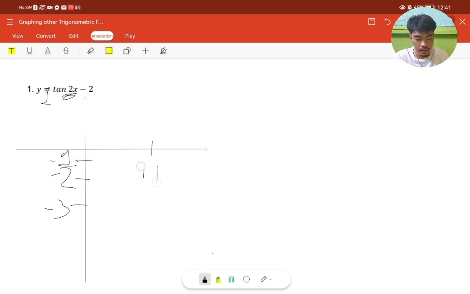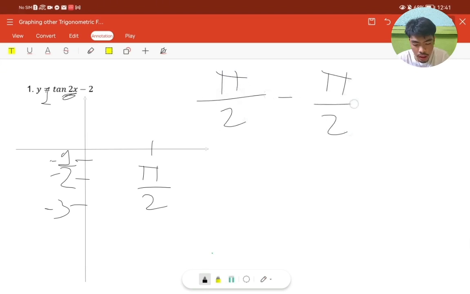If we use our calculator and subtract pi over 2 minus pi over 2, we have an answer of 0. If we convert, we have an answer of negative pi over 2.